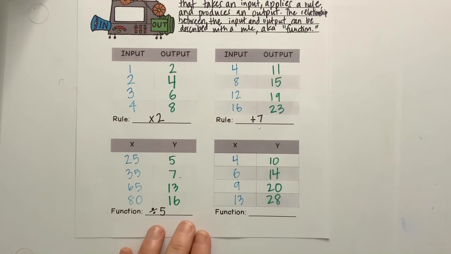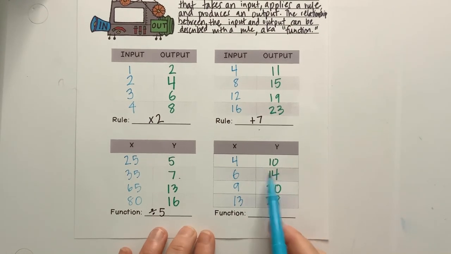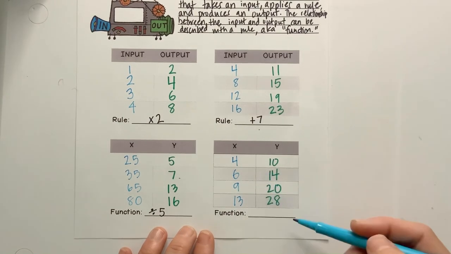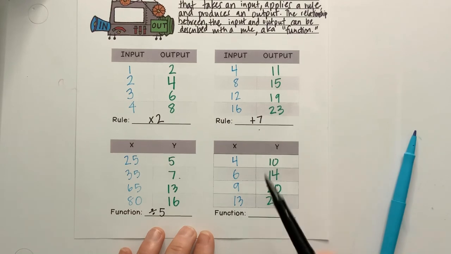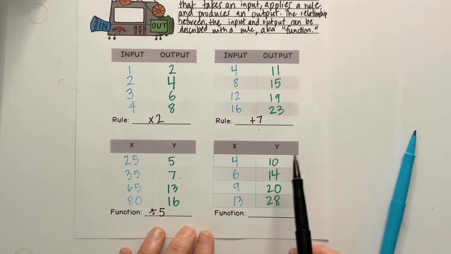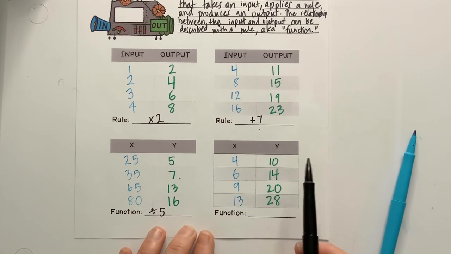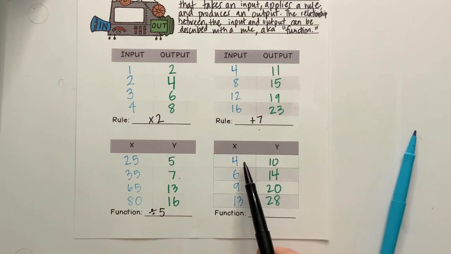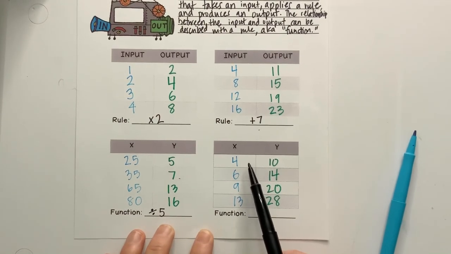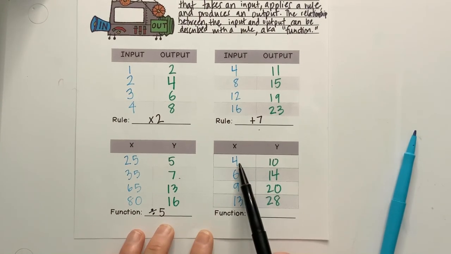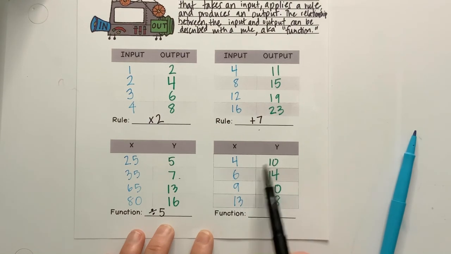So I'd have to think, what rule can I apply to all of these combinations or all of these ordered pairs in order to produce that output? Okay, well, I could try multiplication. So 4 times 2 would be 8. 4 times 3 would be 12, so that's too big. So I know it's not going to be a simple multiplication. I can try additive. So 4 plus 6 would be 10. 6 plus 6 would be 12. So I know it can't be that.